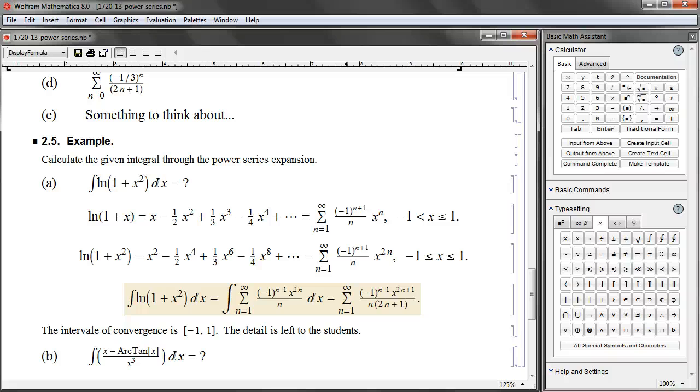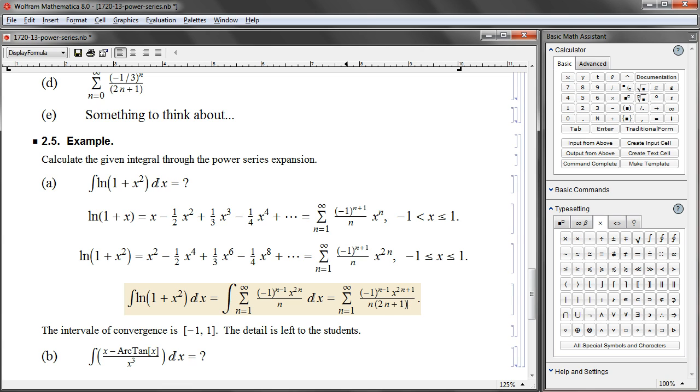You're going to end up with absolute convergence for both of them, to tell the truth, because if you take the absolute value, everything in the numerator will simply become 1, and then you get a numerical series which is asymptotically equivalent to the p series, 1 over n squared. That's because the denominator has growth order of 2. The detail is still left to the students.